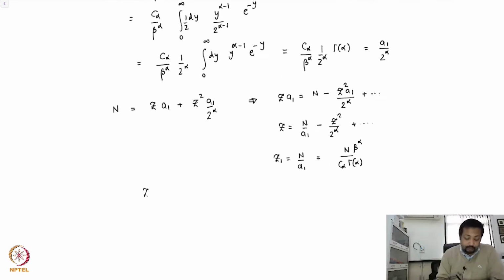So that my z becomes n beta to the power alpha over C_alpha gamma(alpha), minus (n beta to the power alpha over C_alpha gamma(alpha)) whole squared, times 1 over 2 to the power alpha.